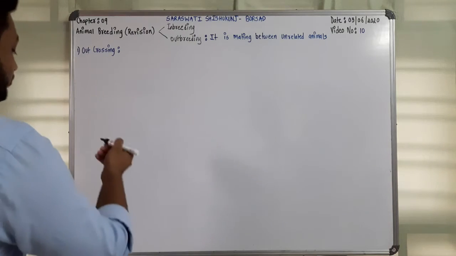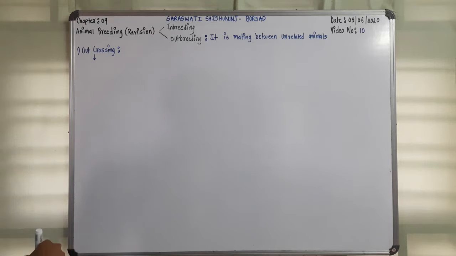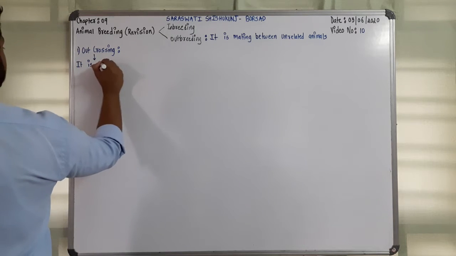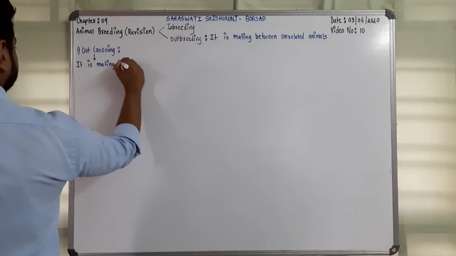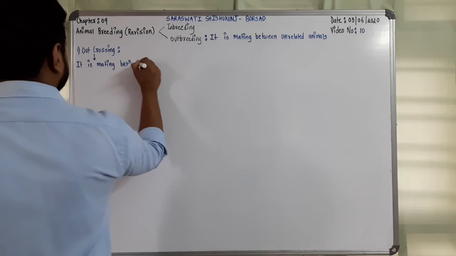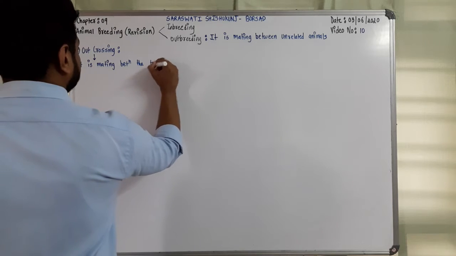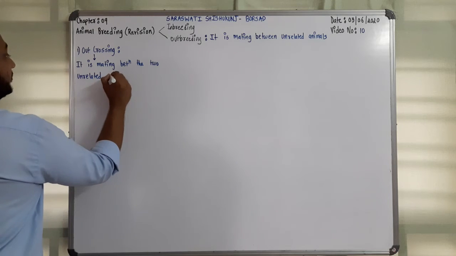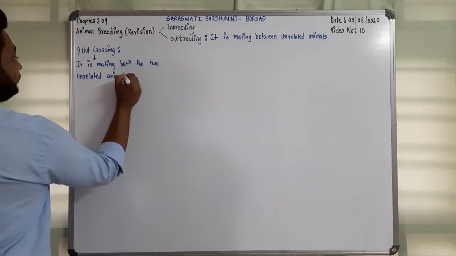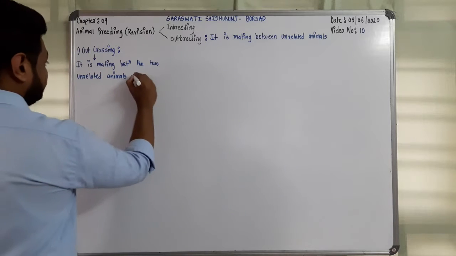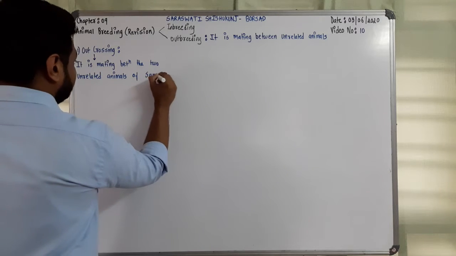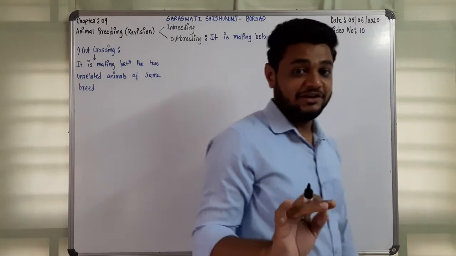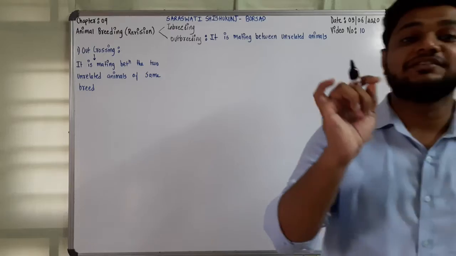Over here we can write like this: it is mating between two unrelated animals of the same breed, but the condition is having no common ancestors.